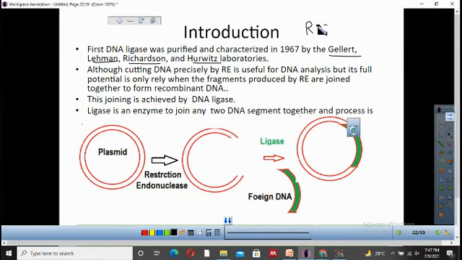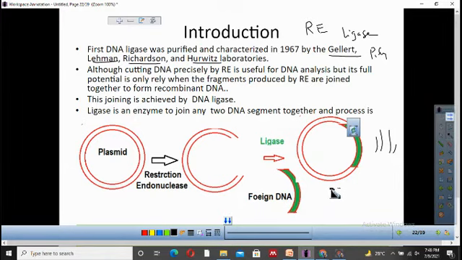One enzyme is restriction endonuclease, which will cut the DNA, and another one is the ligase, which will seal the integrated DNA at its ends, and the third one is the polymerase, which will make copies of this DNA.